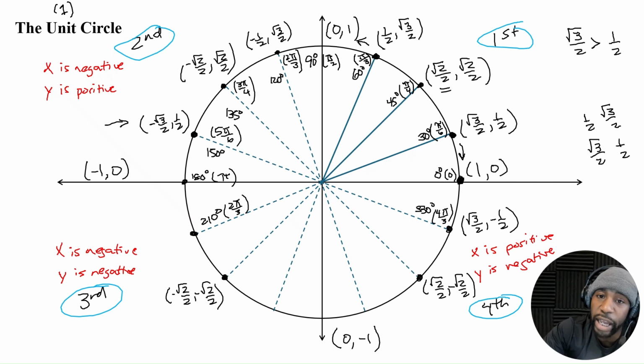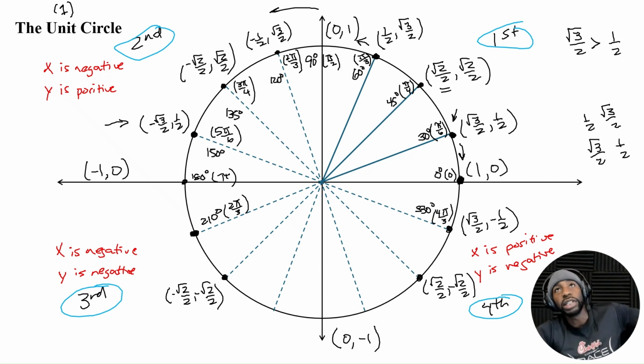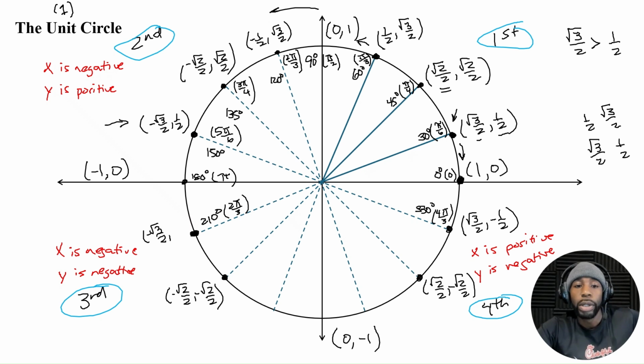All I did was add: pi over 6, and then you go around the unit circle exactly pi radians to 210, so you add pi to pi over 6. And then for the coordinates, we just take note of the first quadrant. We know that x and y are negative, so this is negative root 3 over 2, negative 1/2.